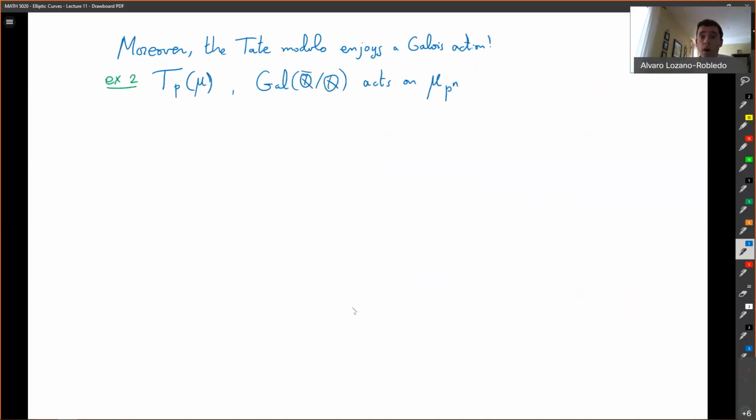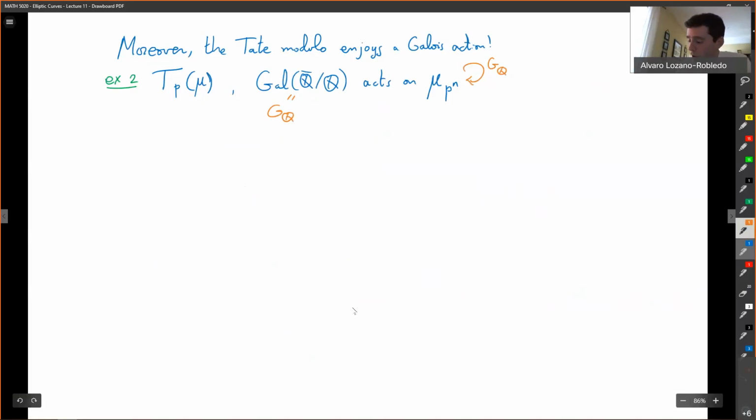If you act with Galois on a root of unity, that's an algebraic number, so it has to send a root of unity of order P to the n to another root of unity of order P to the n, or dividing P to the n. So it acts there. I'm going to abbreviate by GQ, and we write this to denote that there is an action of Galois on it.